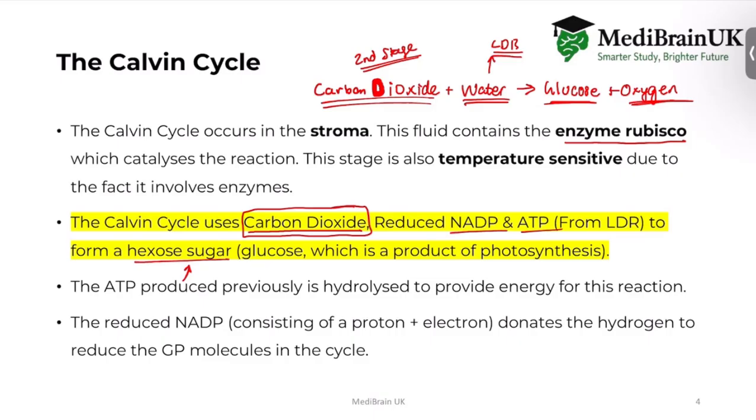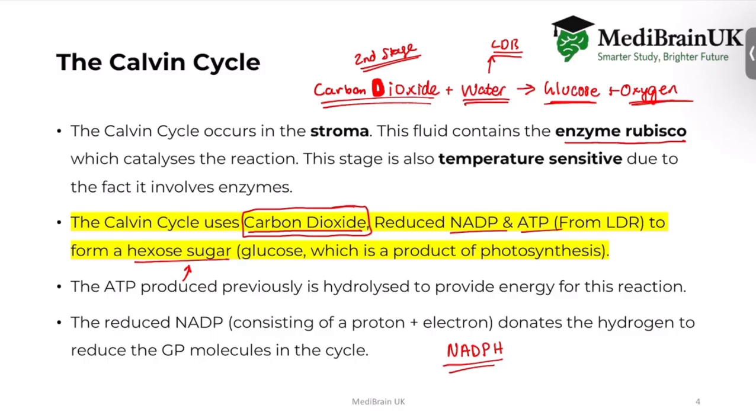Okay. Reduced NADP, the NADPH that is produced, is used to reduce GP molecules in the cycle. Again, this will make more sense later, but the NADP is used because it has a hydrogen. Remember, it's not just NADP, it's NADPH because it's been reduced in the first stage of photosynthesis.